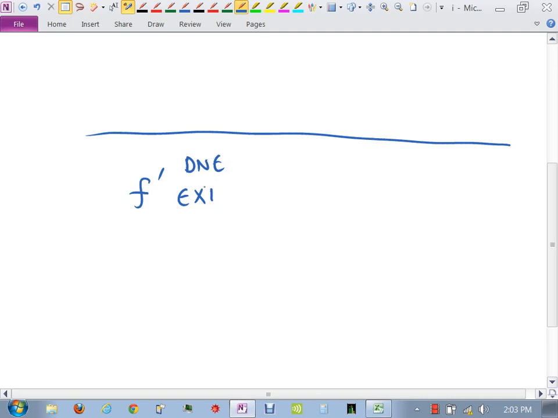Now, you can do it the other way, though. I can show you an example of a function where the derivative doesn't exist and it is not a local maximum or minimum. This function right here. That's the inverse tangent, or cube root.